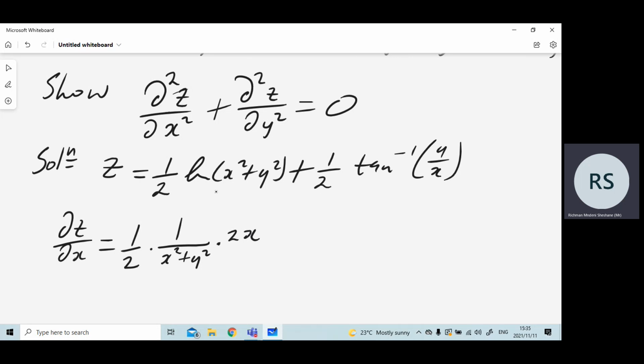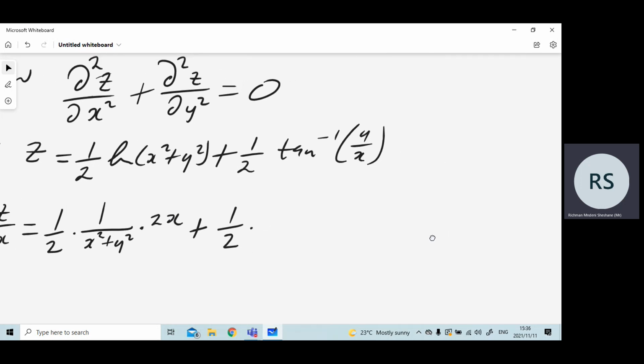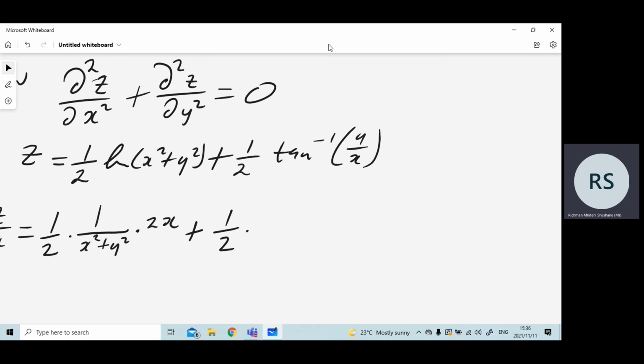This is the derivative of the first term, plus 1 over 2 and the derivative of tan inverse of a function. The formulas for the derivatives of inverse trig and inverse hyperbolic functions will be given. The derivative of tan inverse of x is 1 over 1 plus x squared.